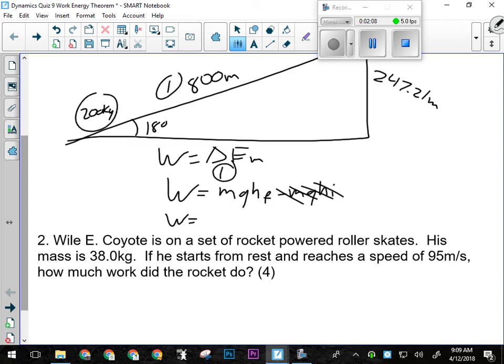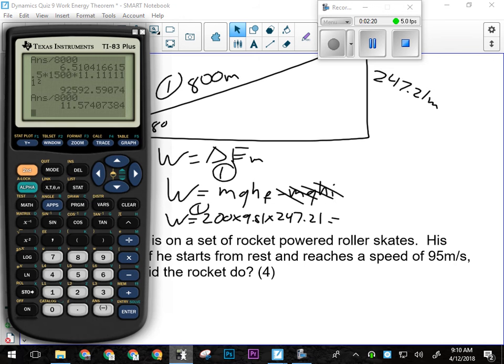That work will equal 200 kilograms times 9.81 times 247.21 meters. Give them 1 mark for getting the numbers plugged in correctly, and their fourth and final mark will be for the answer. So 200 times 9.81 times 247.21.